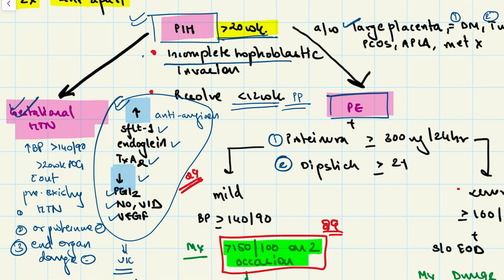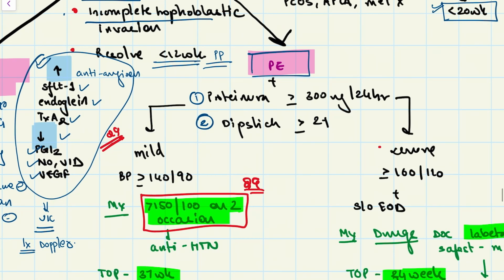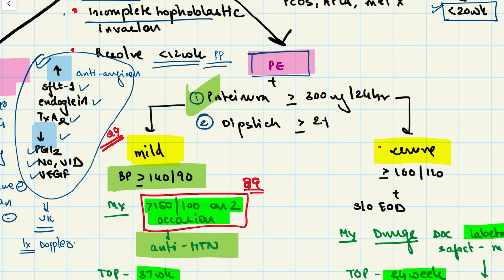Now, preeclampsia is further divided into mild preeclampsia and severe preeclampsia. Mild preeclampsia is defined as a blood pressure of more than 140/90 with proteinuria, and for managing mild preeclampsia, the antihypertensive drugs are started only when the BP rises to more than 150/100 on 2 occasions.